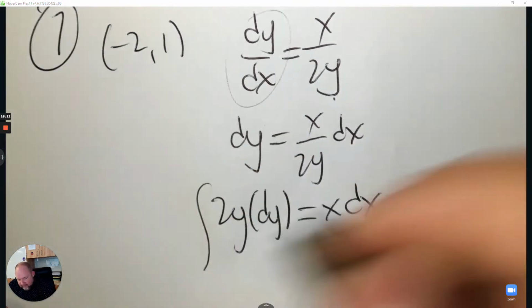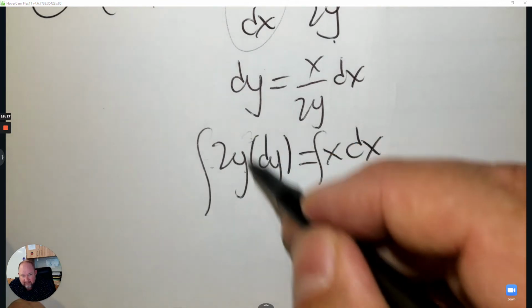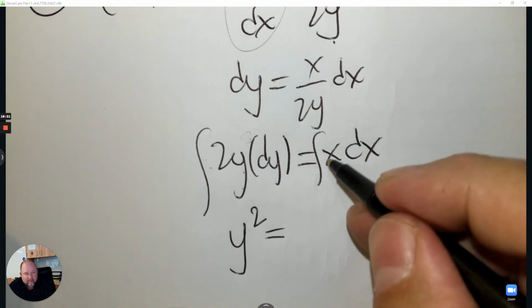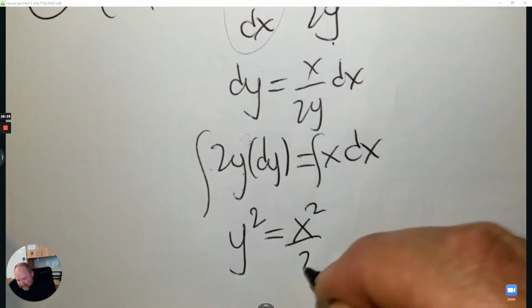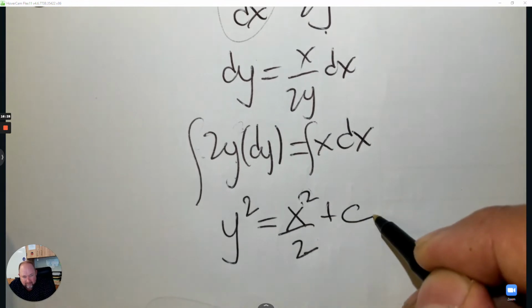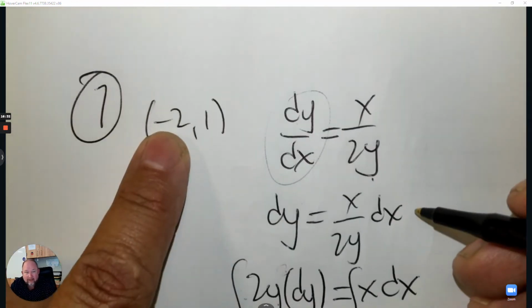And then I'm going to integrate. So the integration of 2y, you add 1 to the exponent and divide, that's y squared. The integration of x, add 1 to the exponent and divide by it, and then plus c. At this step, I'm going to plug in the point. So we have negative 2 and 1.